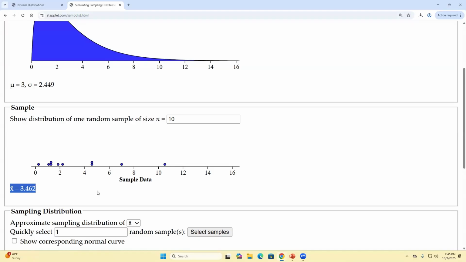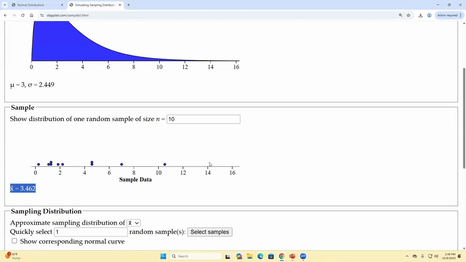And in this case, our sample mean has now overestimated our population mean, and it's overestimated it by a fair bit, right? By about 0.46.